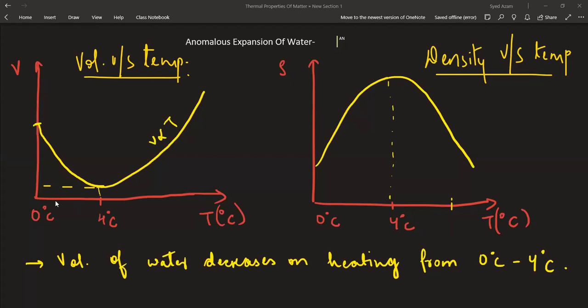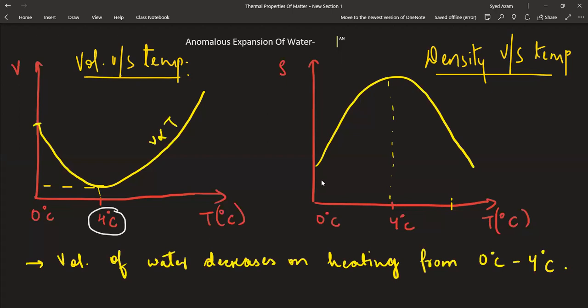Initially the temperature keeps on increasing, but volume decreases and reaches a point, the critical temperature, which is 4 degrees Celsius. Here the density is 1 gram per centimeter cube, and in SI units it is 1000 kg per meter cube. Then the volume versus temperature increases linearly. Then we have the density versus temperature graph.